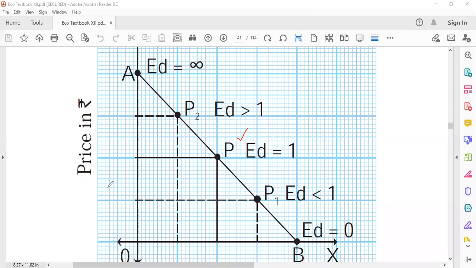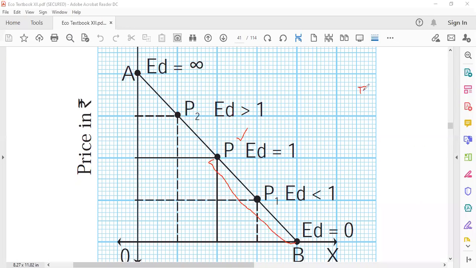Now this point P divides the demand curve into the two segments. That is lower segment and upper segment. Now what is the lower segment over here? अब यहाँ पे lower segment क्या है? This P point gives us the lower segment, that is a PB.